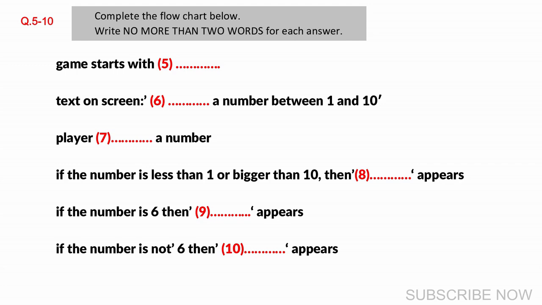I see. And line 60 says, if I equals 6, then print. Correct. Okay, so if they've typed 6, they've got it right. And if they haven't typed 6, which is the next line, then try again comes up on the screen, and that takes them back to where they choose another number. It's clever. Well done.